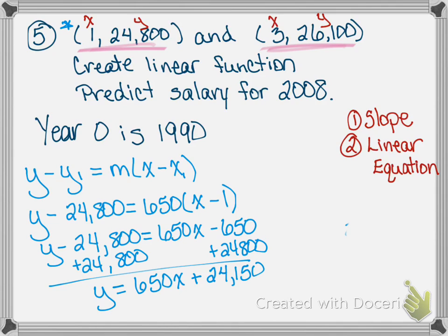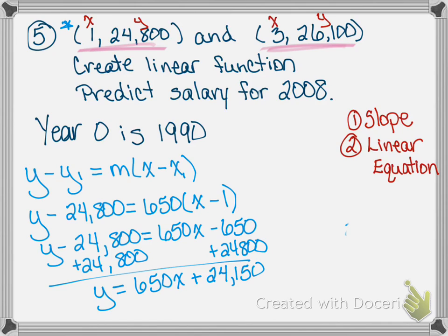But this problem specifically said model the data with a linear function using these specific points. It told us to use those points, and when we are told to use those points, then we have to create the equation based on this. So I did the first thing, which was I found my slope or my rate of change. The second thing that I had to do was find my linear equation.